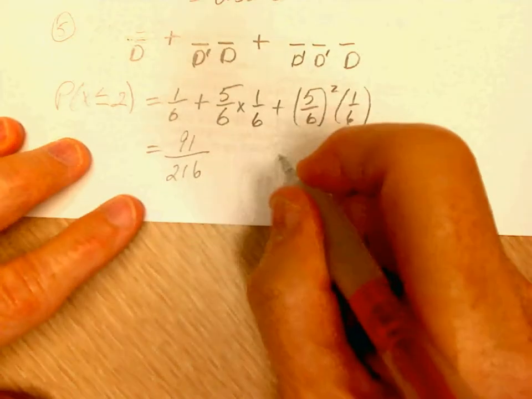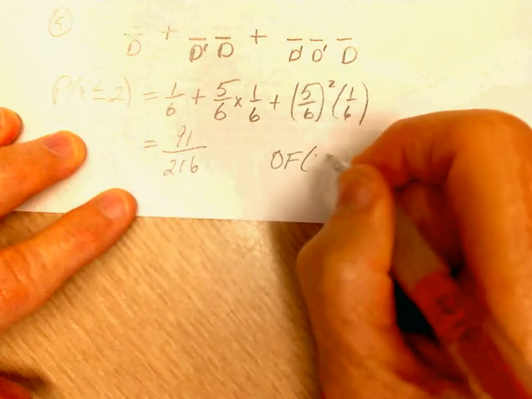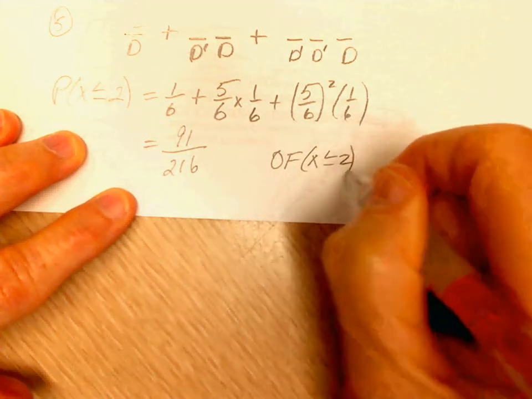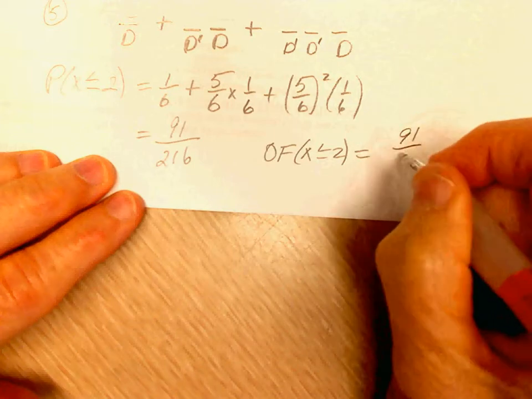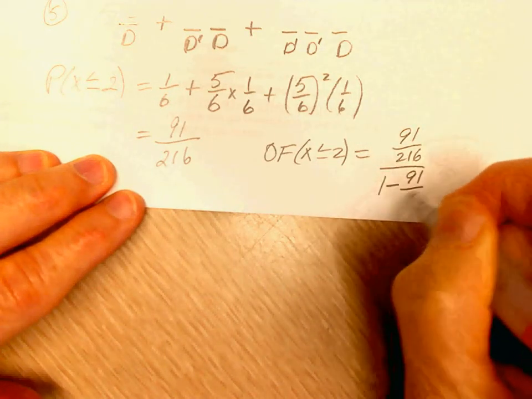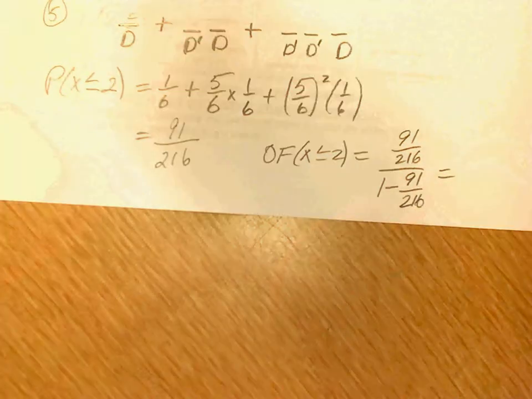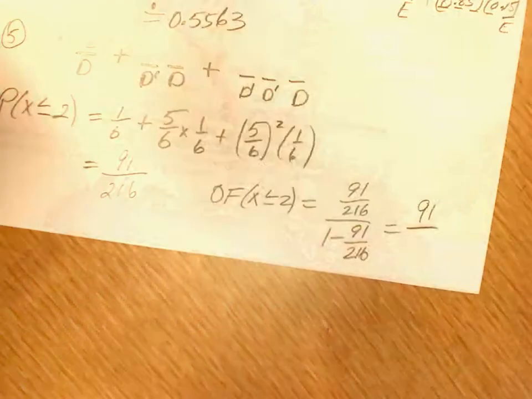So the odds in favor, where x is less than or equal to 2, is equal to 91 over 216 all over 1 minus 91 over 216. And that's going to be 91 over 2.